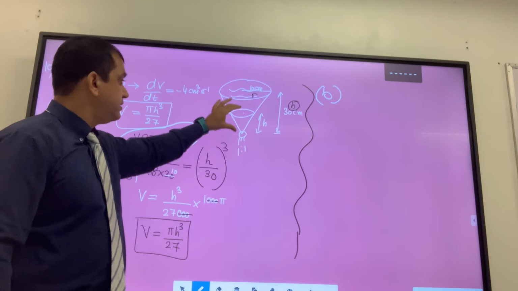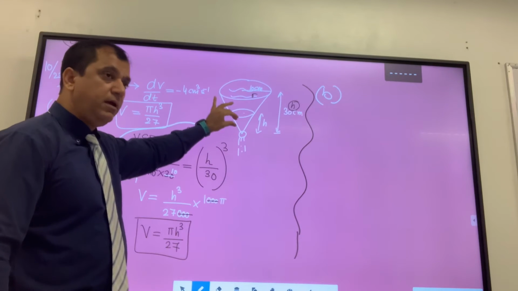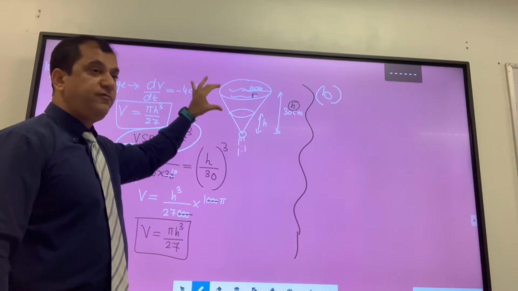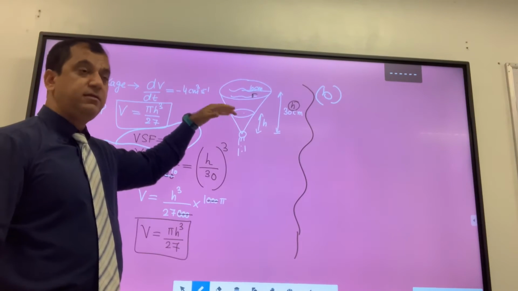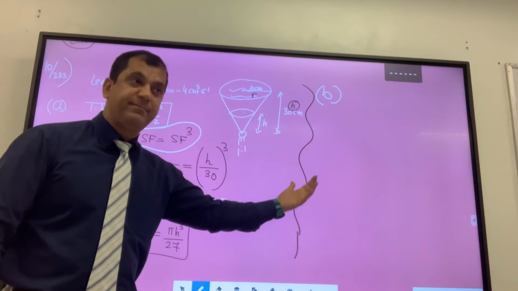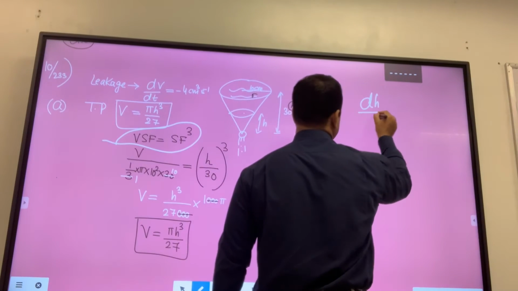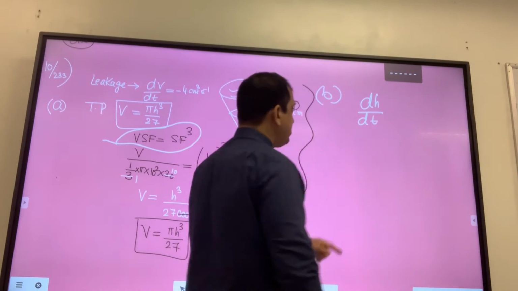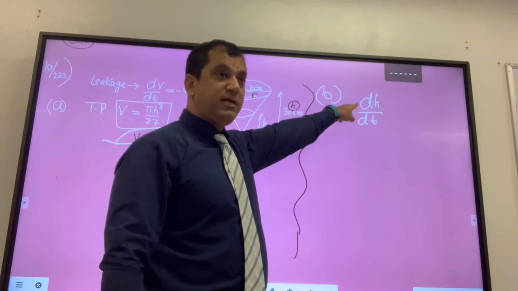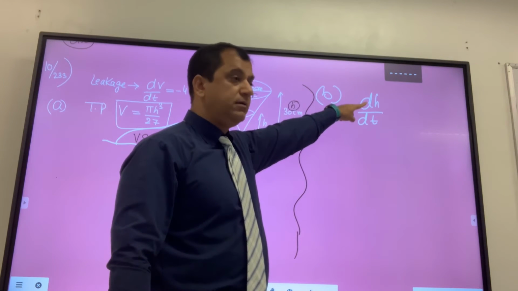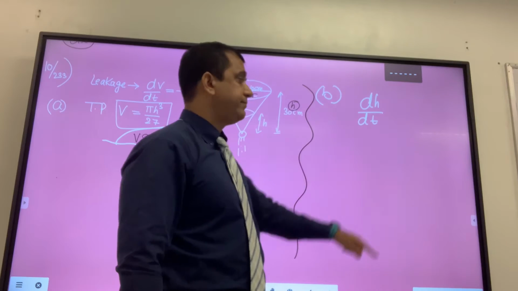Time to time, this h is reducing, right? He's asking rate of change of h, means rate of reduction of h with time. So he's asking to find dh dt, rate of change of reducing height with time, right?